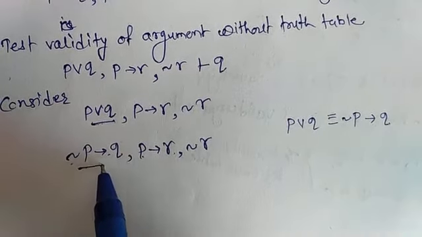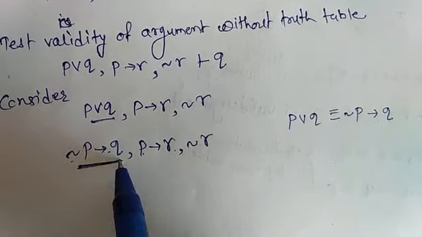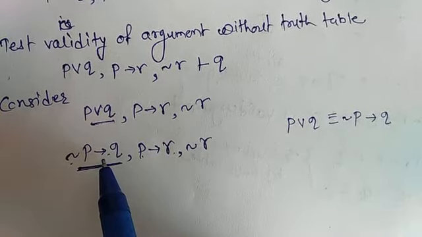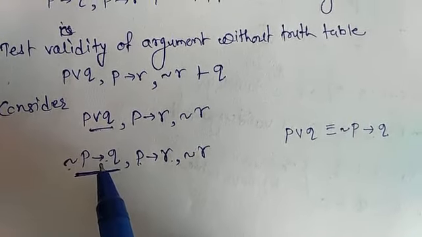Now here it is negation P implies Q and here it is P implies R. I have underlined the proposition on which we are using a rule of logic.